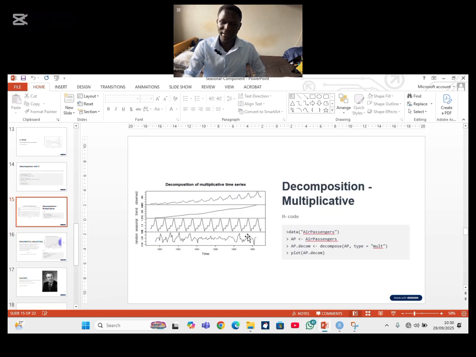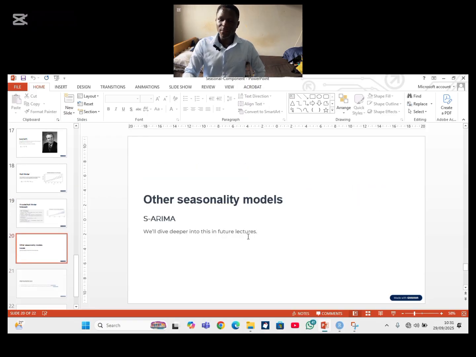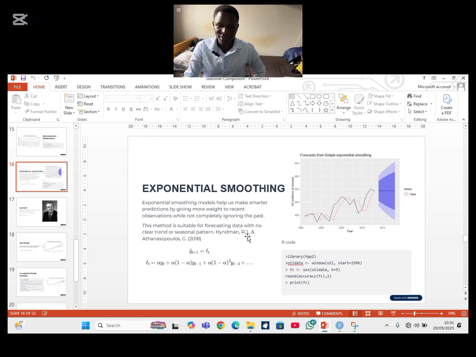Yes, now let's go to the most interesting part of our presentation, which is modeling. Now in modeling seasonality, you could use the Holt-Winters model, or you could use a model called SARMA.